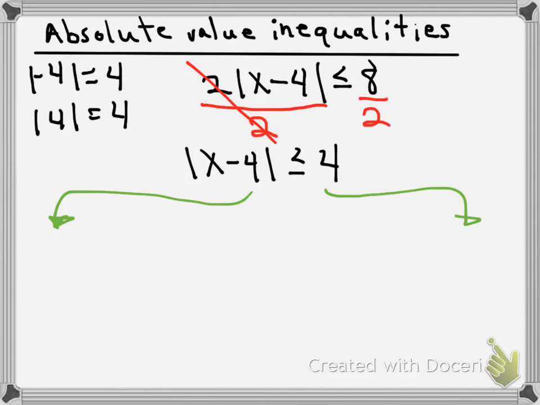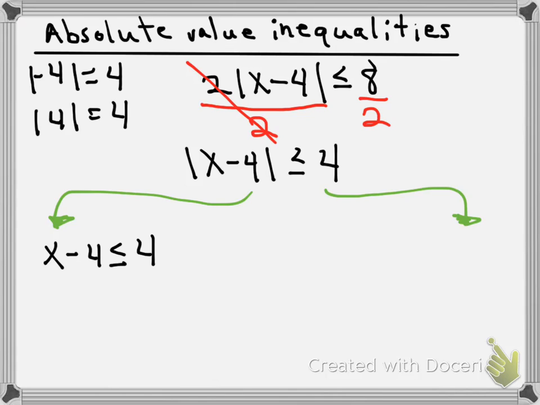When we make our problems, we'll leave one just like it was originally, but we don't need the absolute value bars anymore. So that problem should be exactly the same.